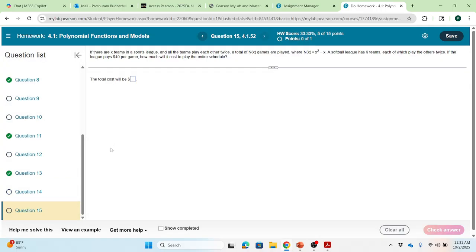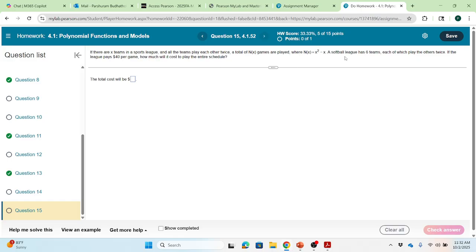I'm going to do one application problem here. If there are n teams in a sports league and all the teams play each other twice, a total of n squared minus n games are played, where this polynomial represents the total number of games they play. So this function can be used for a situation like this.